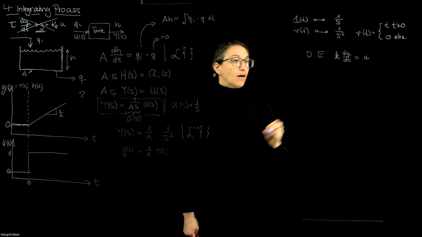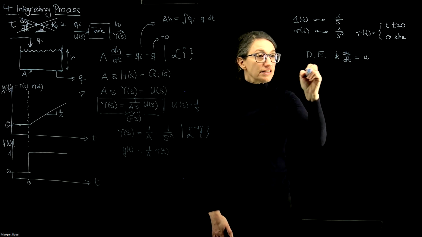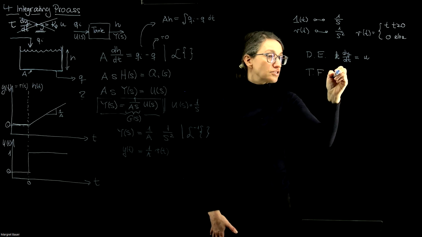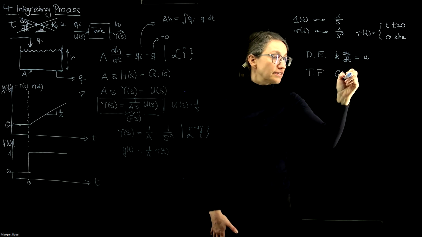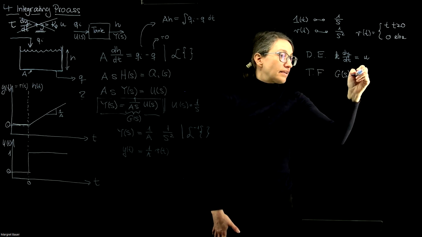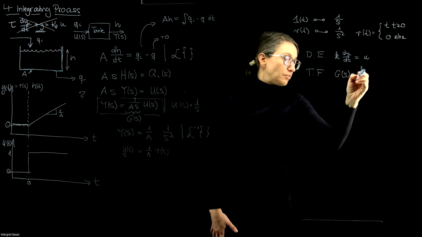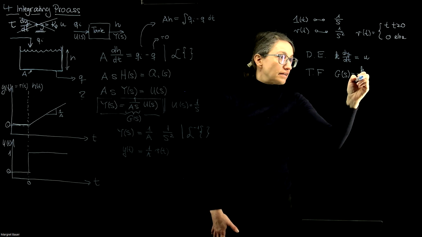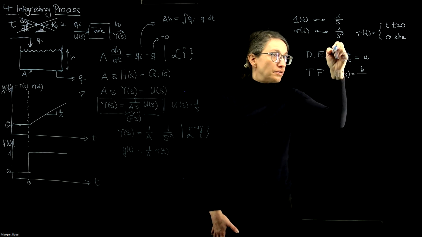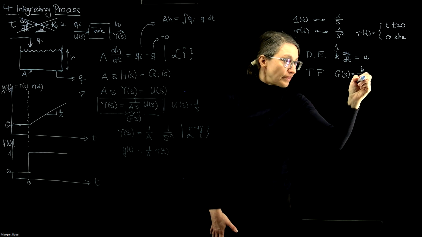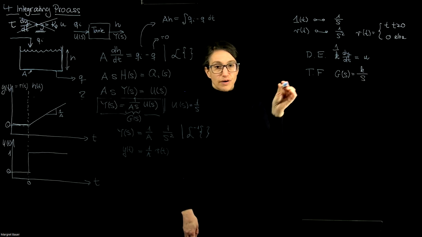We have the transfer function g of s for an integrator, which is 1 over k over s. Main thing is it's 1 divided by s.